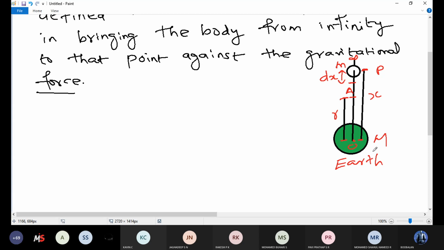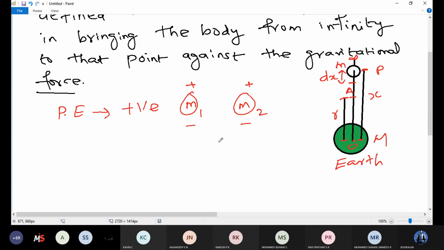Now listen, potential energy is positive when two masses are repulsive in nature, M1 and M2. Repulsive nature means this is plus and this is plus, otherwise this is minus and this is minus.